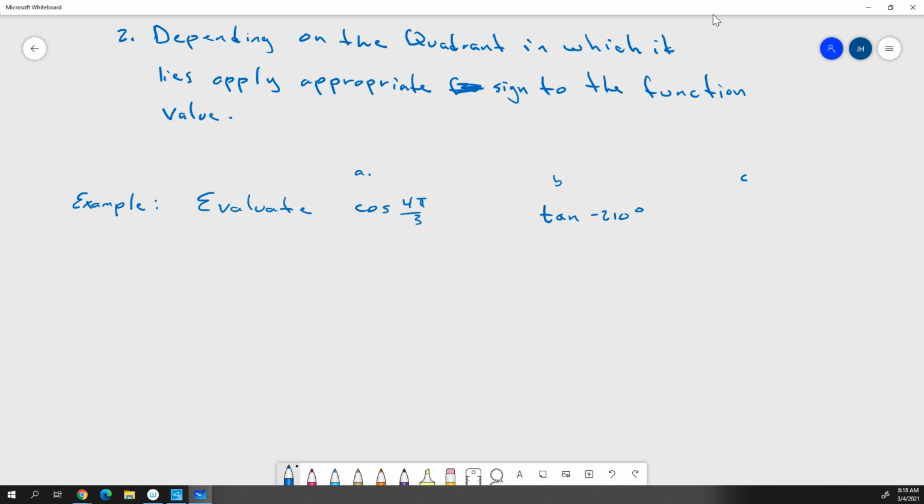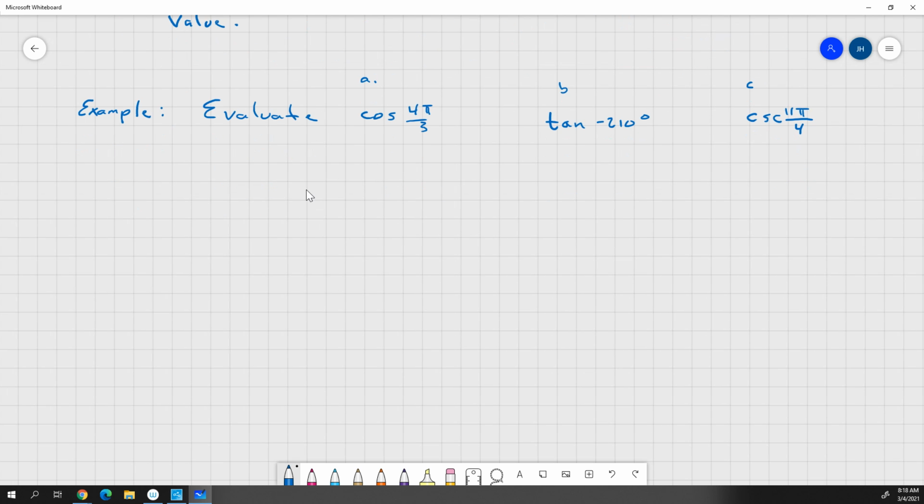And C we'll call cosecant of 11 pi over 4. And we want to evaluate each of these trig functions.